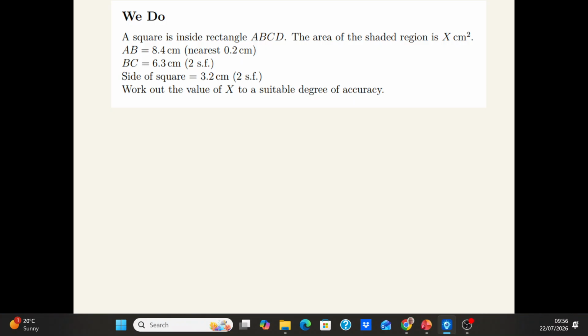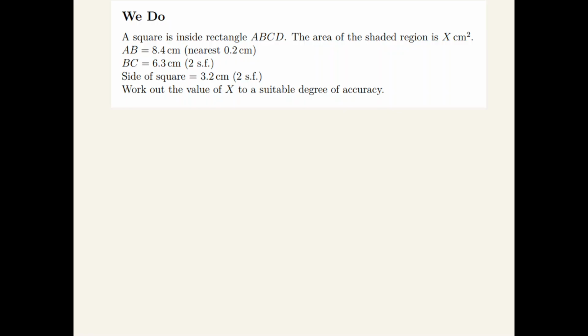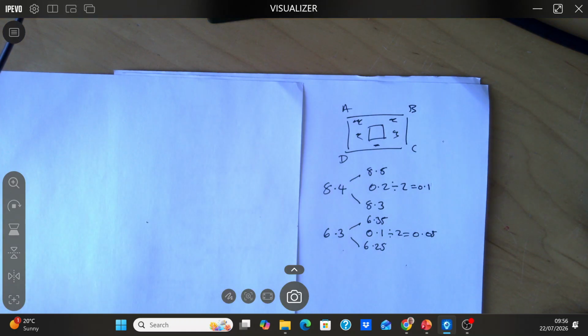Work out your upper and lower bounds for BC. Should have that.